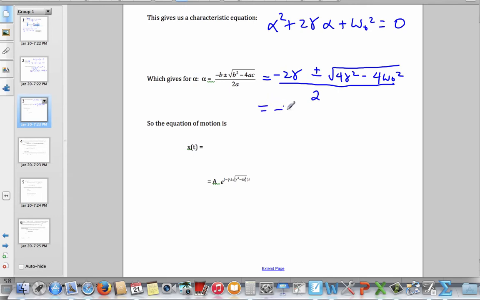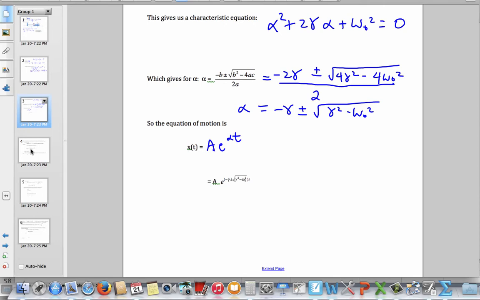With the result, you get minus gamma plus or minus the root of gamma squared minus omega naught squared. So our equation then, a e to the alpha t, if we put in this value of alpha, we get e to the minus gamma plus or minus this radical times t, and that is a solution of the differential equation.